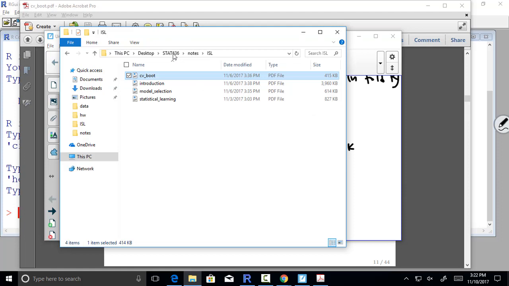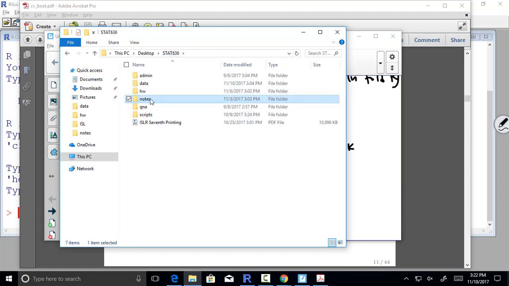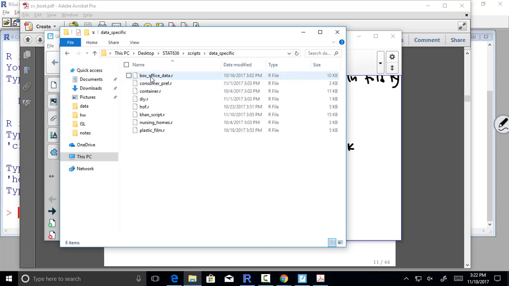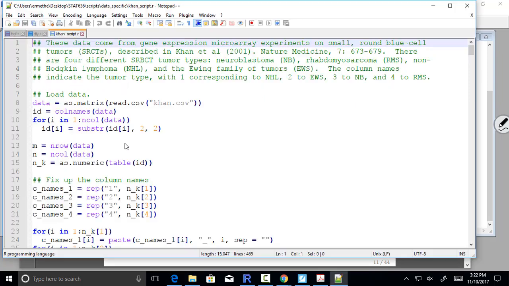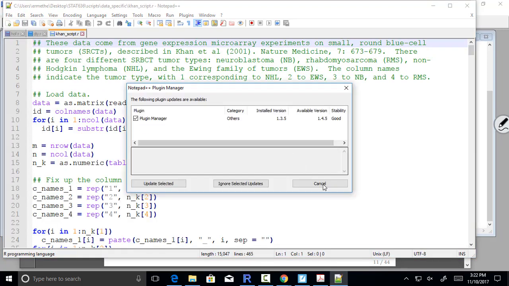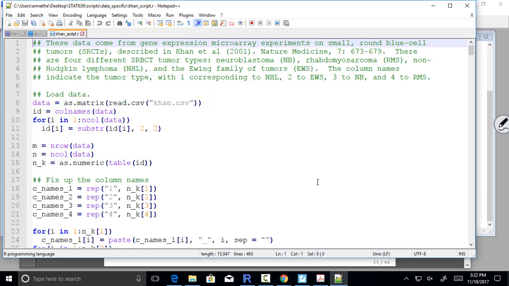So over in R, we will look at the con data. So I downloaded con.csv and conscript.r. A little bit of background on these data.